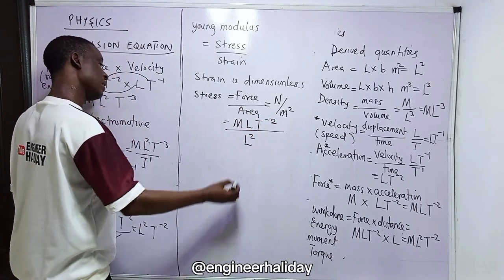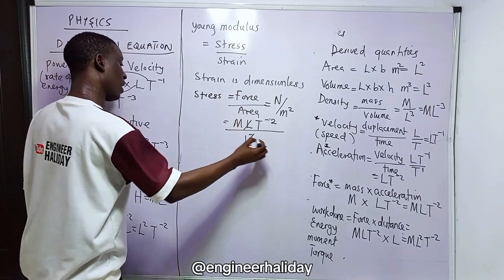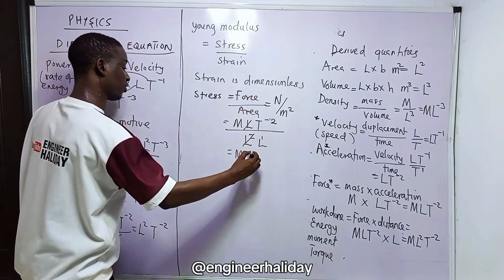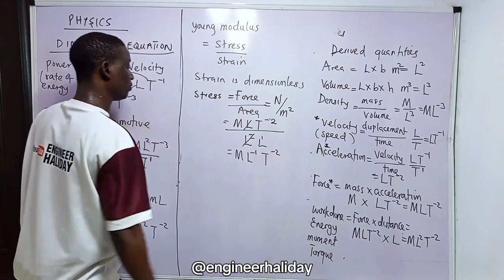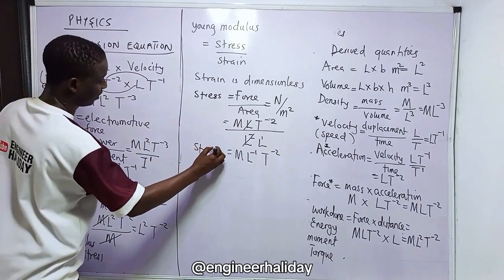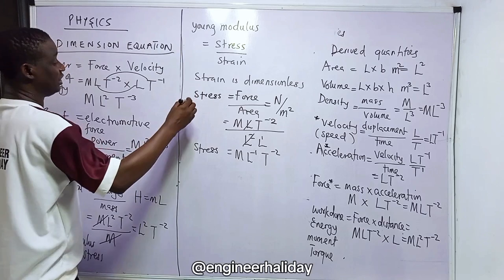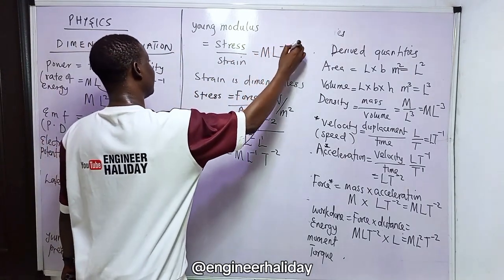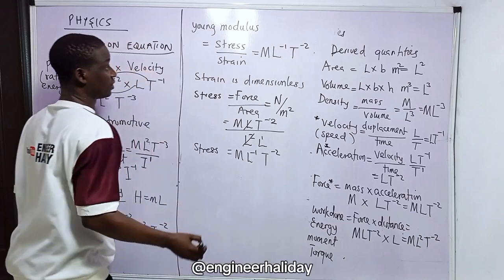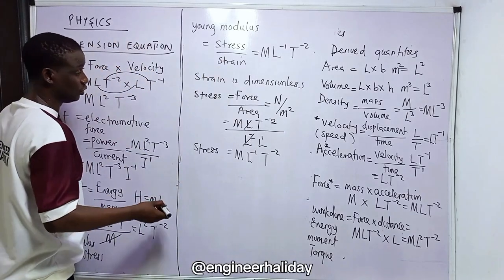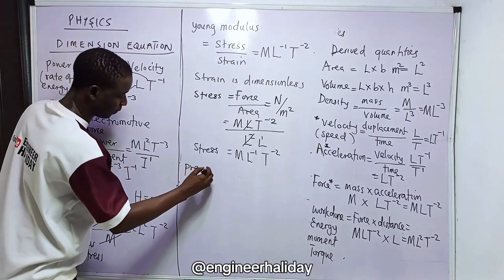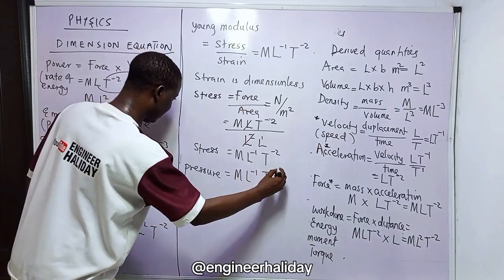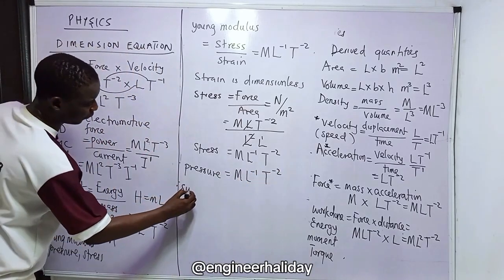This one will cancel this one, remaining 1 L. So we have ML, this one will go up as minus 1, then T minus 2. That's what we call stress, and that is the dimension for the same thing as Young modulus. Please take note of that, because the strain does not have a unit. The same thing with pressure. Pressure is also the same as ML minus 1 T minus 2. What about surface tension?